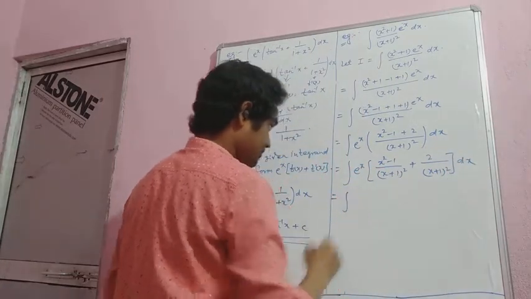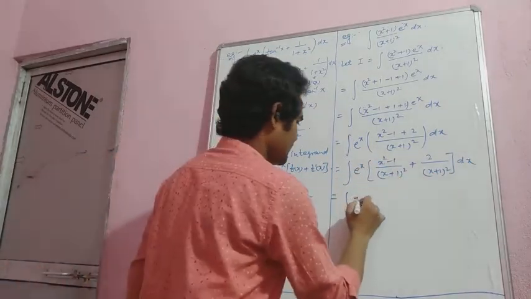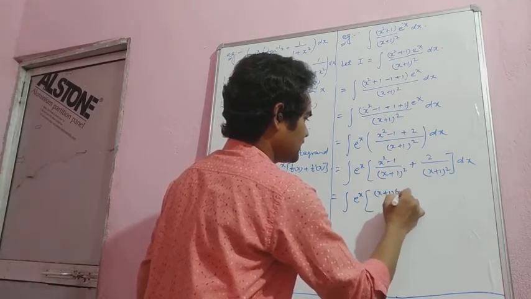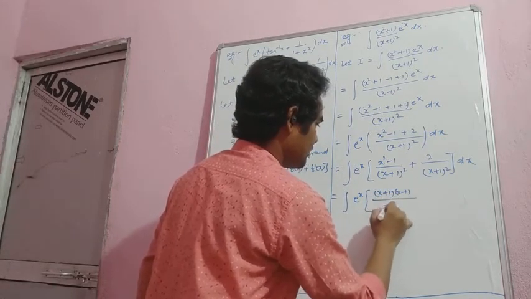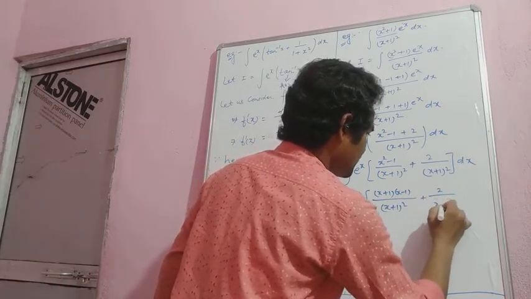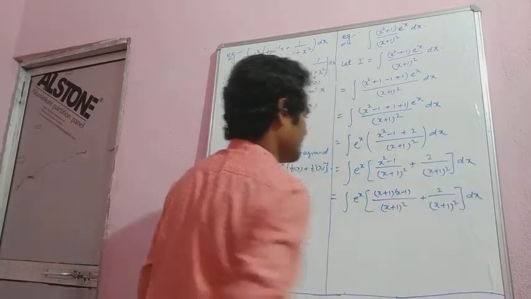Equal to, using the identity a square minus b square, we can write (x plus 1) into (x minus 1) upon (x plus 1) whole square plus 2 upon (x plus 1) whole square dx.